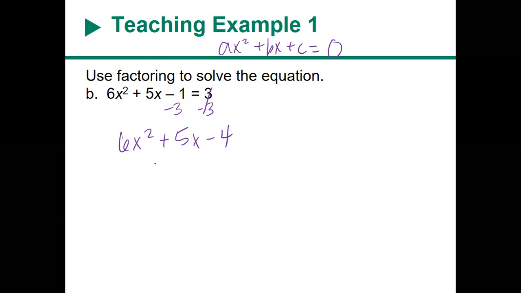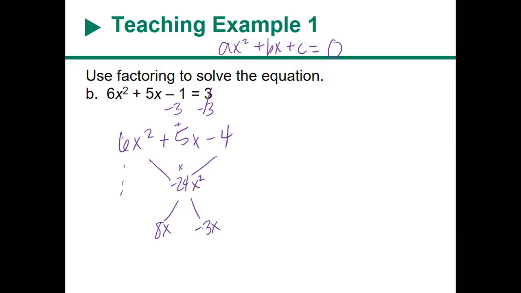Now I'm going to begin. 6x squared times negative 4 gives me negative 24x squared. So I'm looking for two numbers that will multiply to give me negative 24x squared, but add to give me 5x. What about 8 and 3? Positive 8x and negative 3x, right?